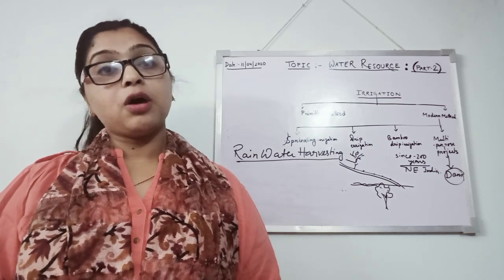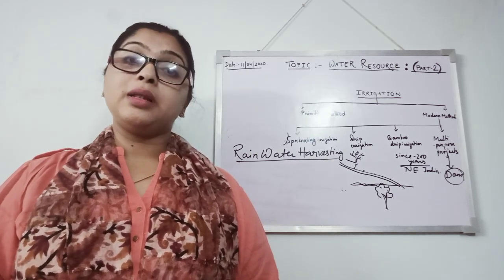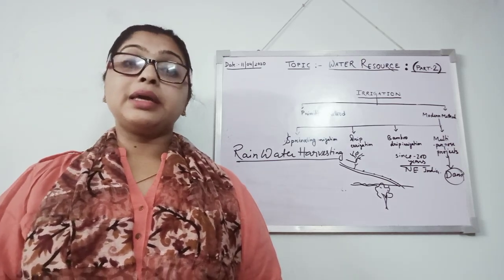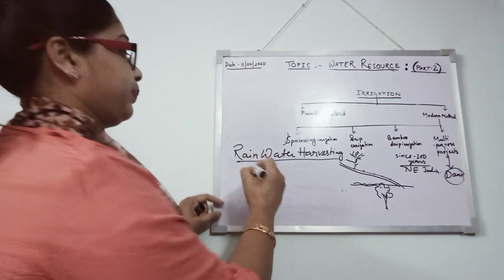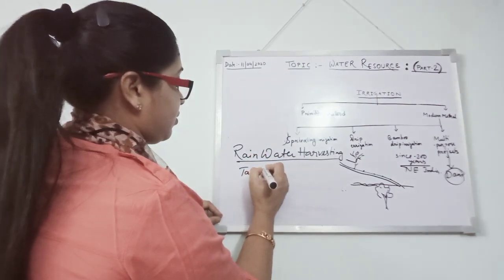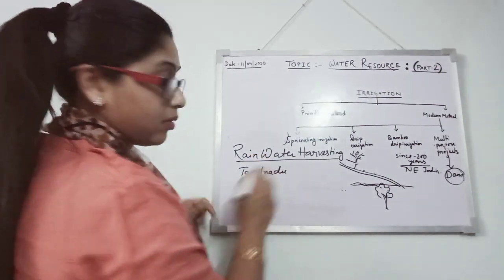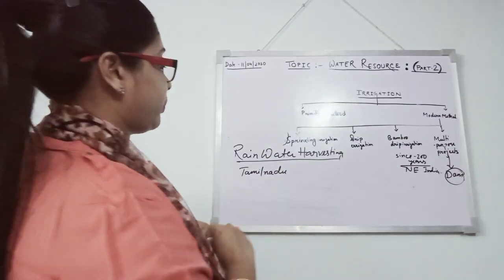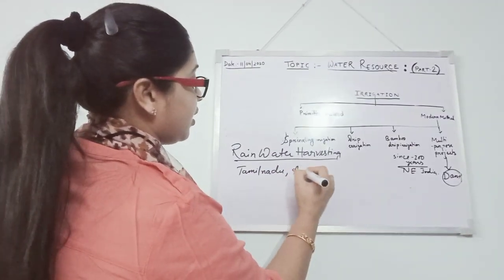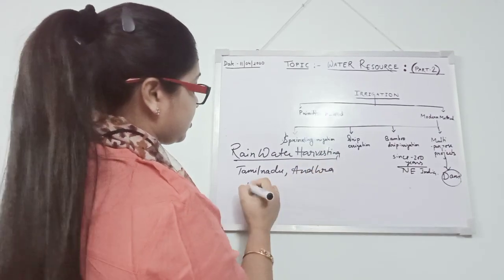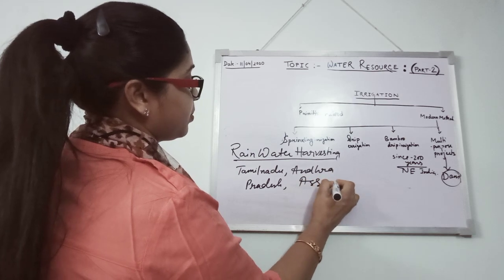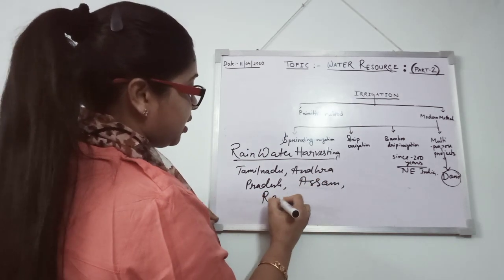In some states of India, people have already started this rainwater harvesting, like the states of Tamil Nadu, Andhra Pradesh, Assam, then Rajasthan.